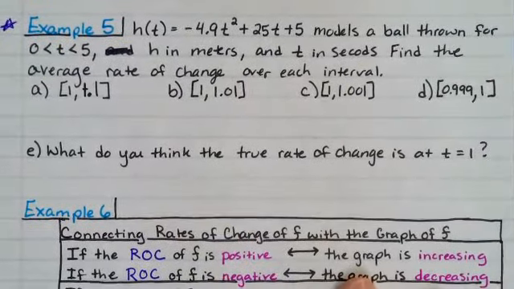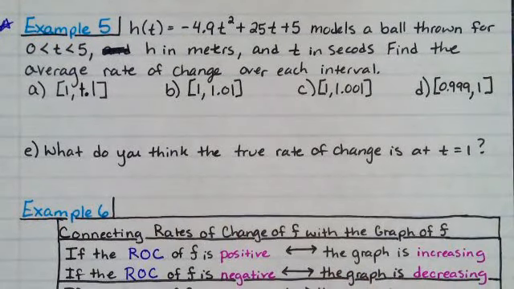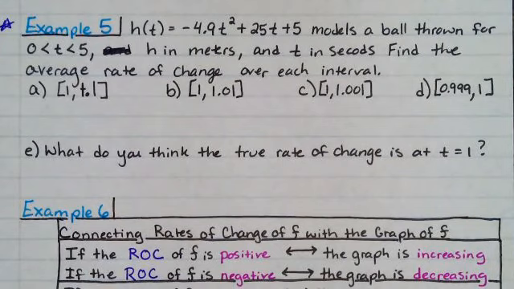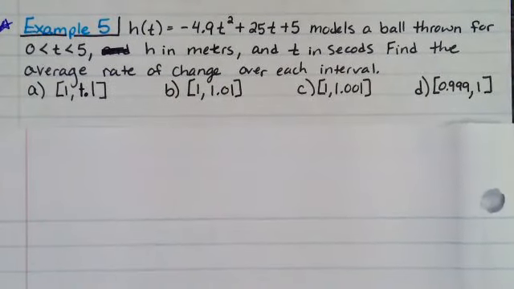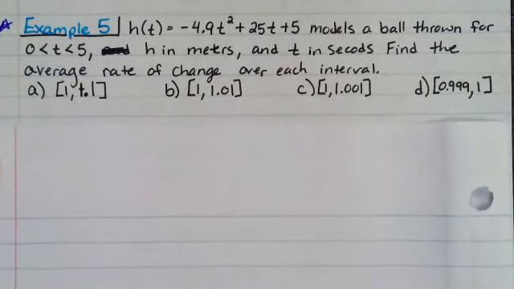It is a little bit messy, but we have this situation where we are going to be looking at throwing a ball, and this equation models that situation. We're looking at an interval of 0 to 5.